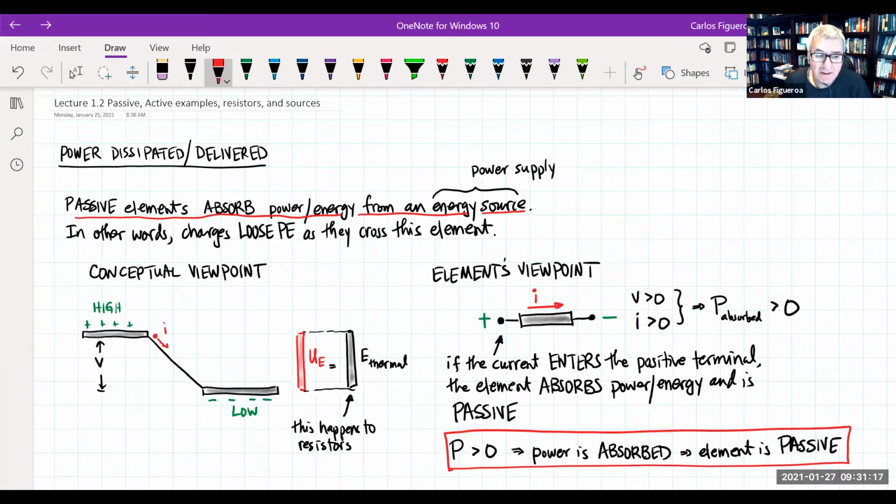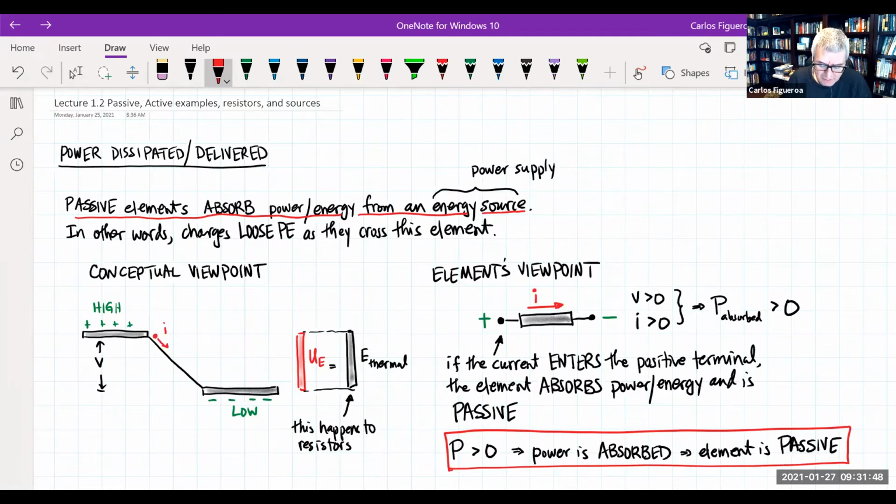Now, if I use the language of energy like we've been talking before, if I was to conceptually look at it, we said that if I have two parallel plates, that represents a power supply. Now, note that that's not true, but we could be naive and say that that's what it is. And what I said here is that when a charge goes from a high to a low potential, the charge is literally losing potential energy.